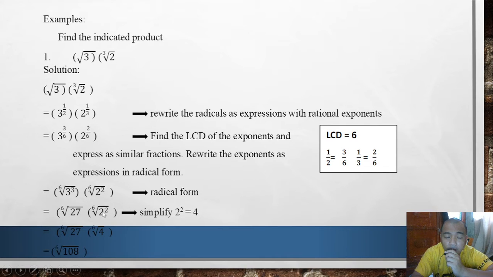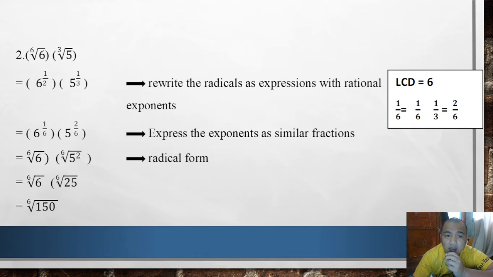As you can see, they have the same indices now. So when same indices, we can now multiply their radicands. So 27 times 4 is 108. So the final answer is 6th root of 108. So the rule here, if they have different indices, make their indices the same by using the LCD.